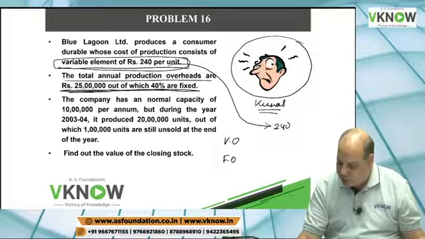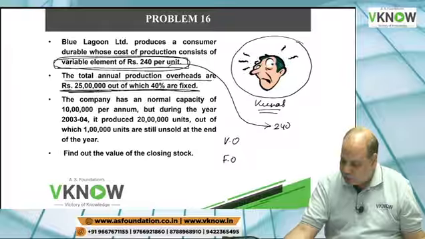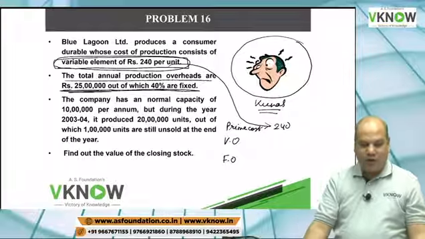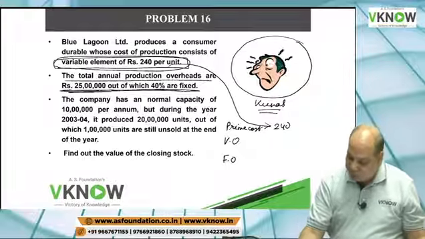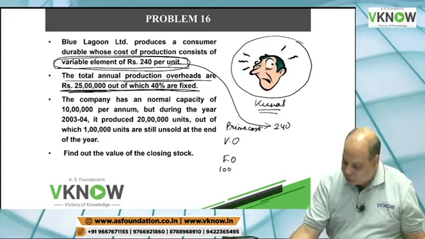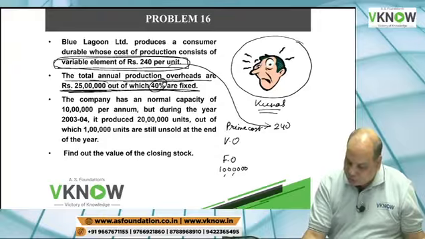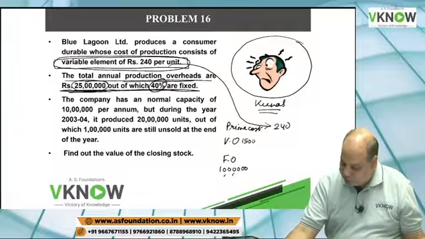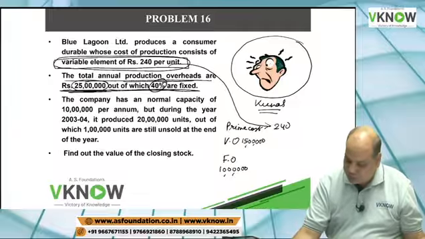This variable element is only, you can say, prime cost. Direct material, direct labor, direct expense. And 25 lakh rupees is your total production overhead, 40% is fixed. So fixed production overhead will be 40% of 25 lakh, 10 lakh, and variable will be 15 lakh total.